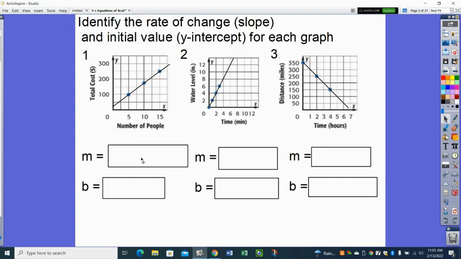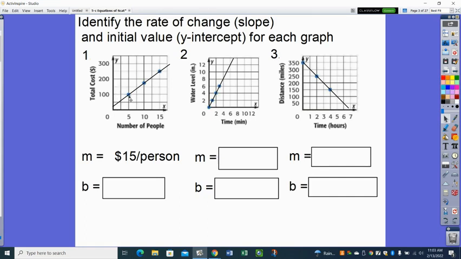So first of all, you kind of have 2 ways to do it. I would use the rise and the run, and you need to use like this point and this point because they're in the crosshairs. And notice it's a positive slope, and notice that each block is going up by 50, 50, 100, 150, 200.